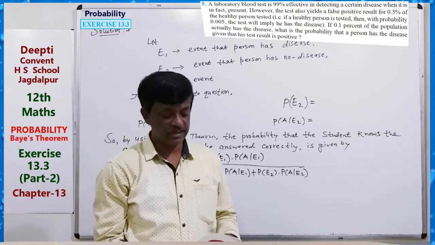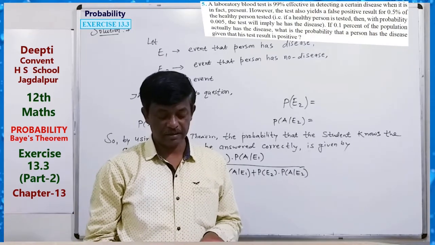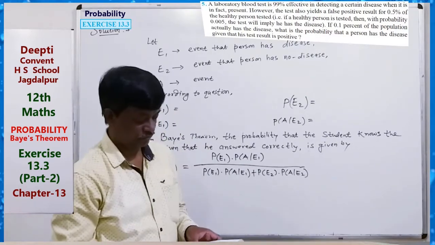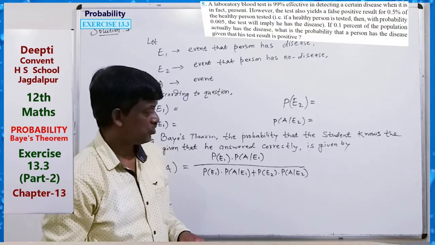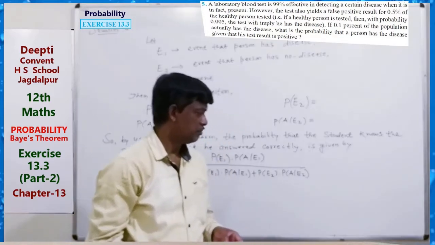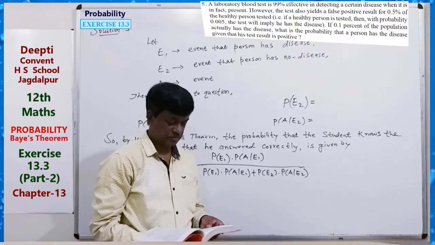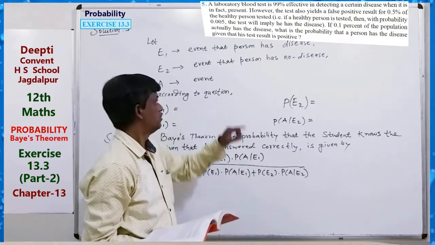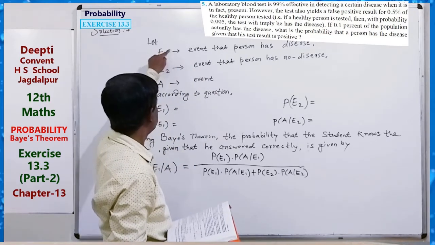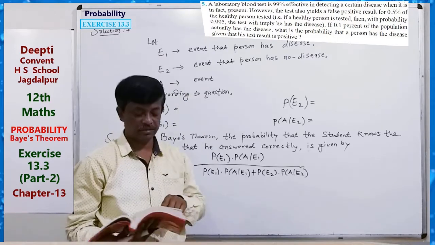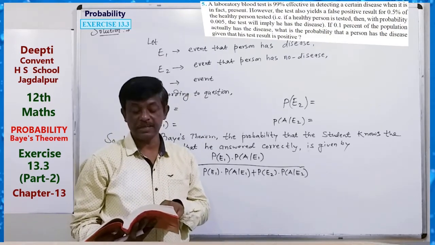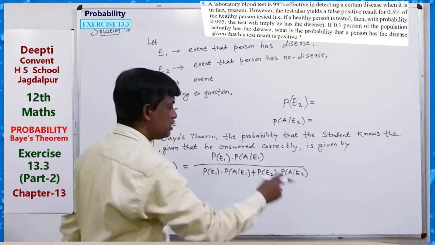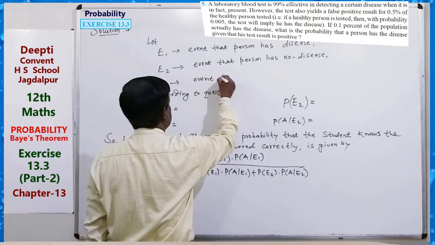And for event A, what are we finding? The probability that the person has the disease, given that the result is positive. So let A be the event that the blood test result is positive.